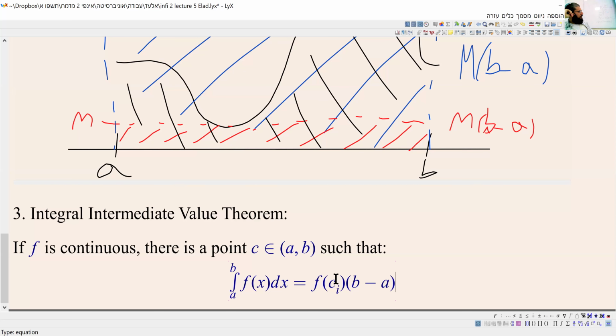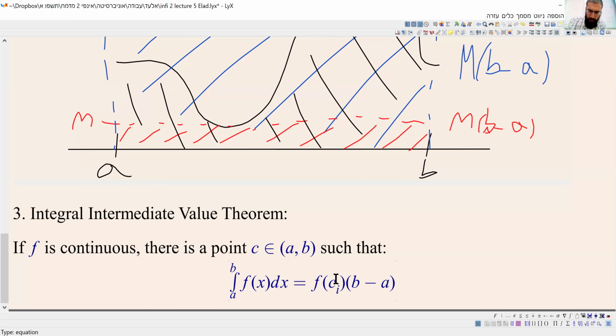And as in the regular intermediate value theorem, we need f to be continuous. We already drew the rectangles, so we can say that. Any questions?